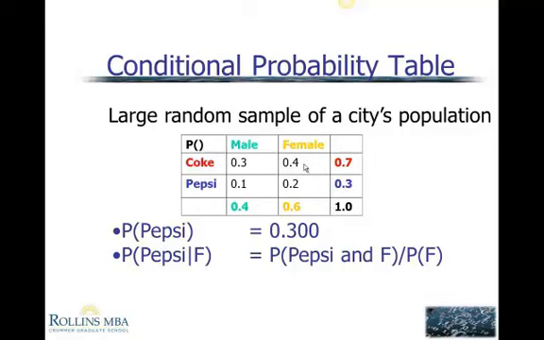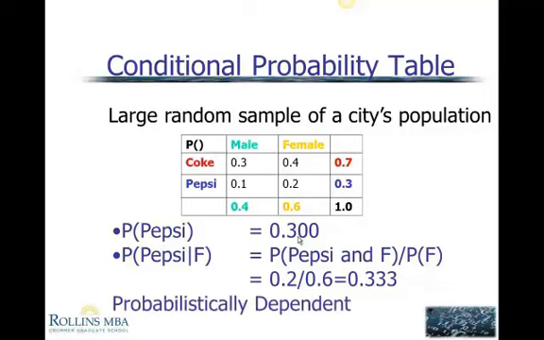And now we're going to say, hey, what's the probability of being a Pepsi drinker if I'm in this column? Well, it'll be the probability of being in the intersection, being both a Pepsi drinker and female, divided by the probability of being female. So we get 0.2 divided by 0.6 for a conditional probability of 0.333, which is not equal to 0.300.